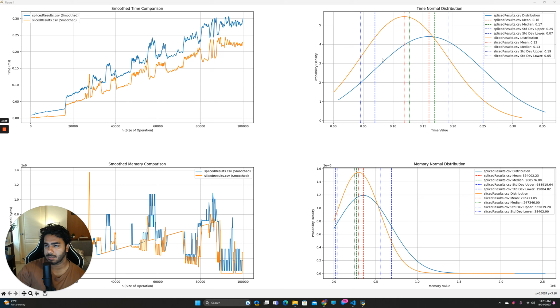So what this says is, since the orange curve is above the blue curve, this behavior is more probable than this behavior if you use both the functions, right? So if you use slice, you tend to get more of these values, and if you use splice, you tend to get more of these values.